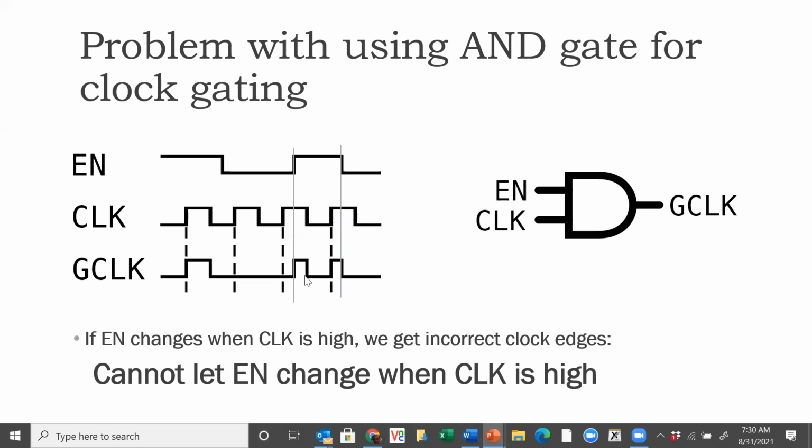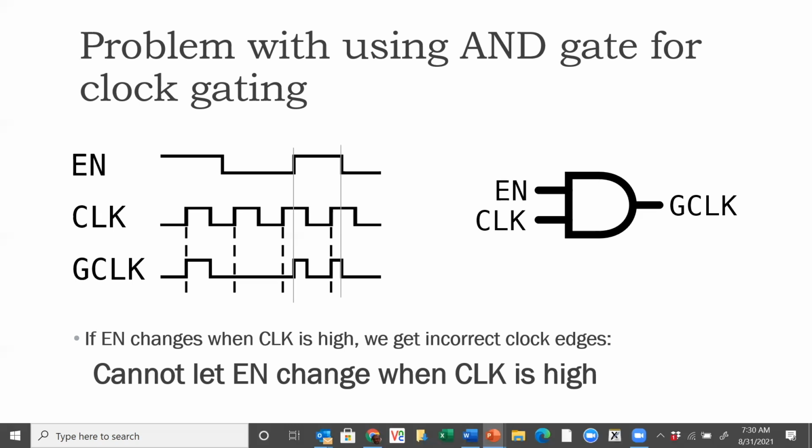So you'll get these very spurious or very incorrect clock pulses at the output of the AND gate. Essentially, what's happening is when the clock is high, if the enable changes state, then there will be a transition at the output of the AND gate. So the GCLK will see an edge. There will be an edge at GCLK. And that edge at GCLK will create these sort of wrong or incorrect pulses on the clock.